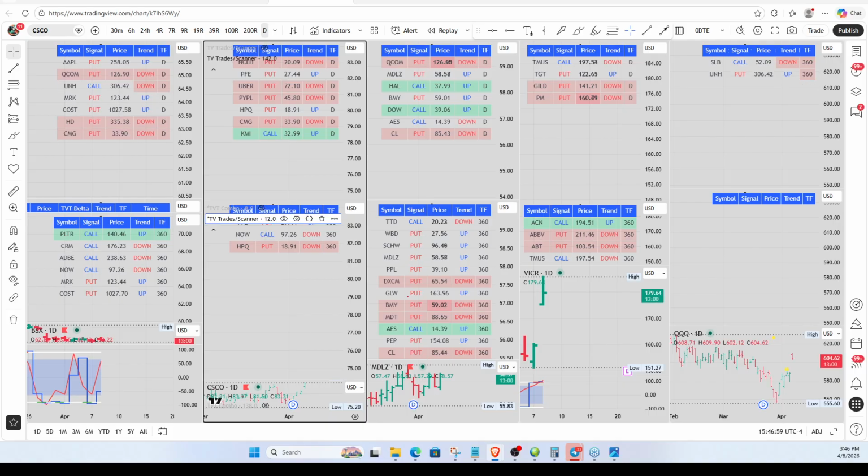And so the symbols are QCOM. Oops, wait. It's not QCOM first. It's KMI first. KMI, QCOM, then HD, then CMG, then NCLH, then Uber, then PYPL.